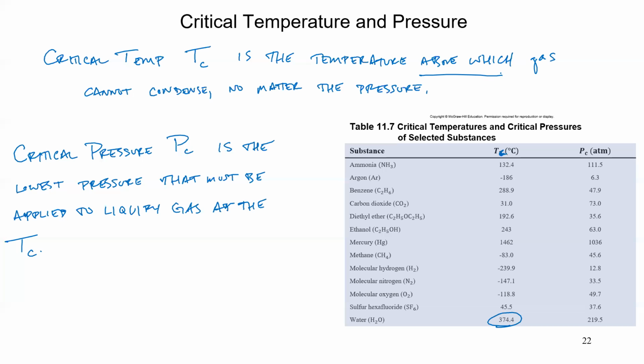But if we're exactly at that critical temperature, we can apply some pressure to get that gas to liquefy. Those two values form a point on our phase diagram. We'll talk more about phase diagrams on Monday when we're in person.